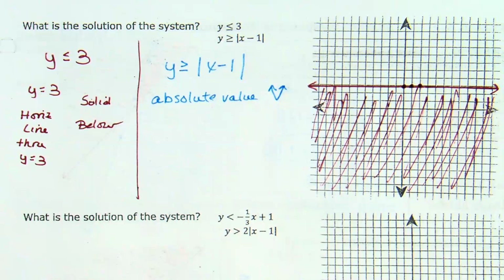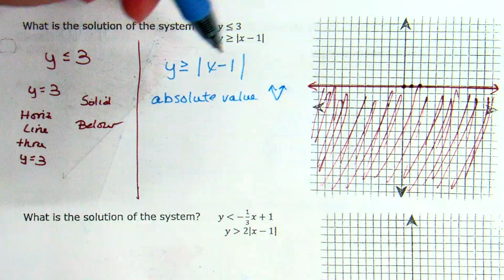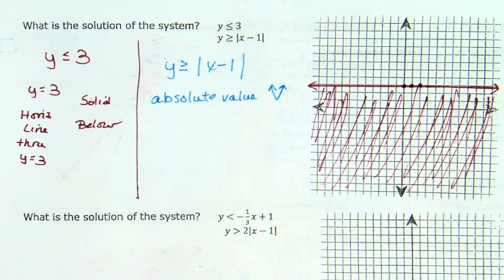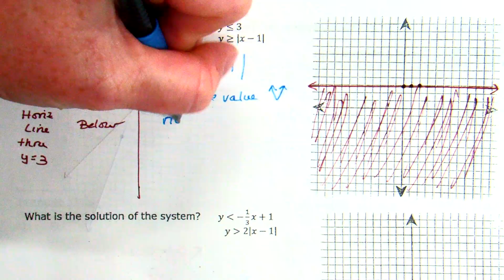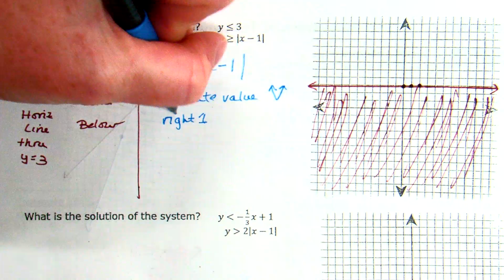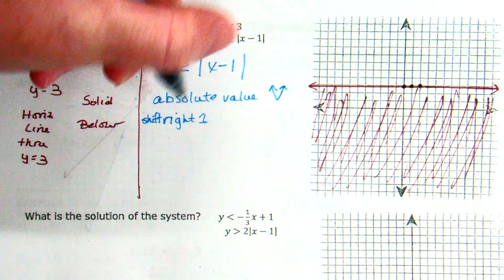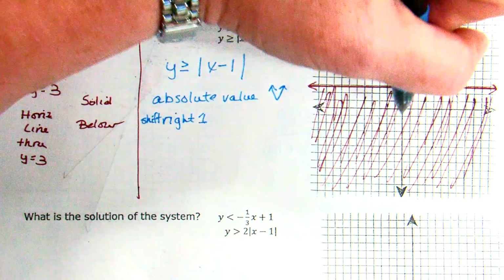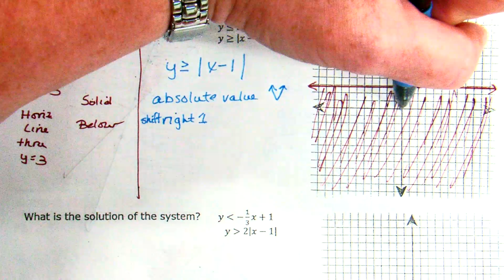That's your typical V. What changes are happening with this V? This minus 1, first of all, it's in the absolute value, so it's left or right, opposite the sign, and so this is a right 1. So you want to shift, move, translate something right 1. So instead of my vertex being at 0, 0, it's now at 1, 0.